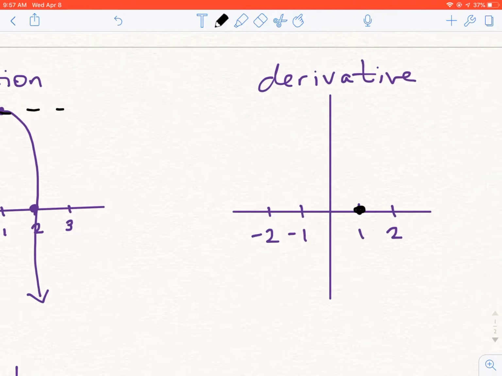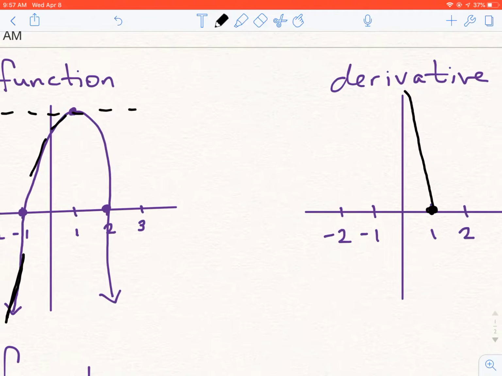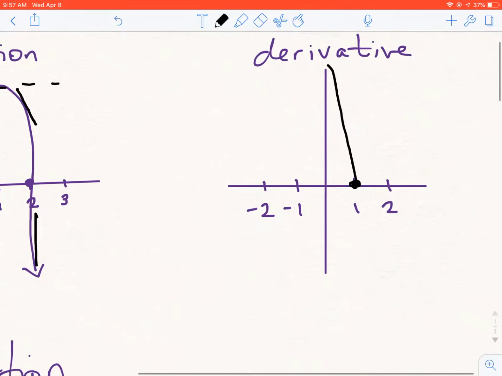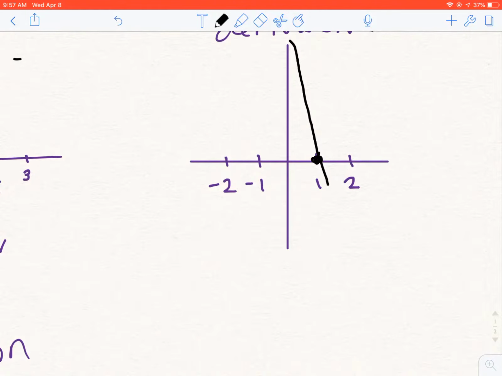So I have to come in with some sort of straight line. Now as I go this way, it's starting to be negative, and then when I get down here, it's super negative.